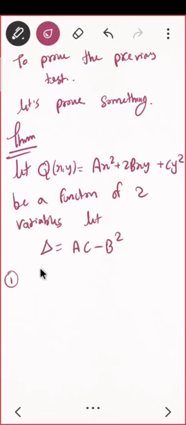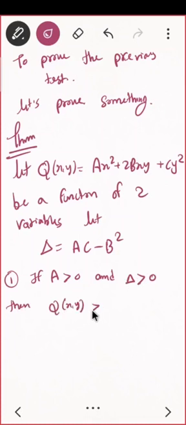Okay. So there is something. First one is if A is greater than 0 and delta is also greater than 0, then q of x comma y will be always greater than 0 for all x comma y belonging to R2, and definitely (x, y) should not be (0, 0) because I said strictly greater than 0.